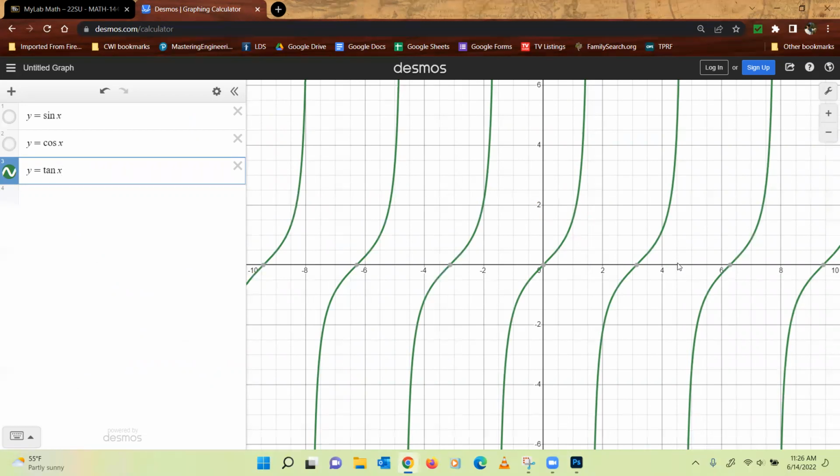And so now our domain is everything but pi over 2, 3 pi over 2, 5 pi over 2, 7 pi over 2, or any pi over 2 plus any multiple of pi. So that changes our domain. Our range here is all real numbers. So that becomes a little different.